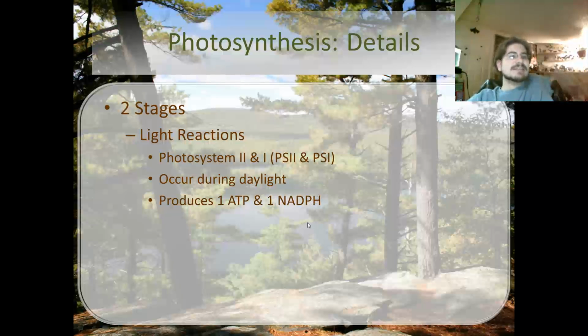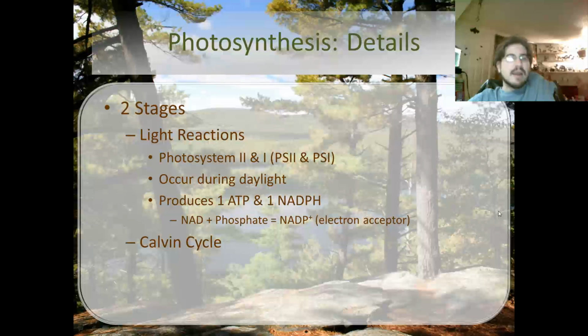It does the same exact job as NAD, but in plants, there is no NAD. In plants, there's NADP. Well, at least in the chloroplast. So, NAD plus a phosphate is NADP+.